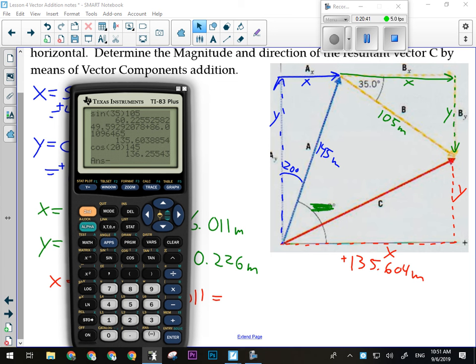Minus 60.22. So I'm getting that red y is 76.030.